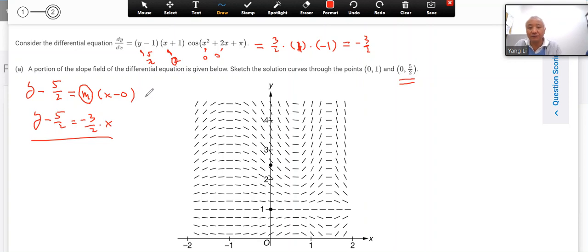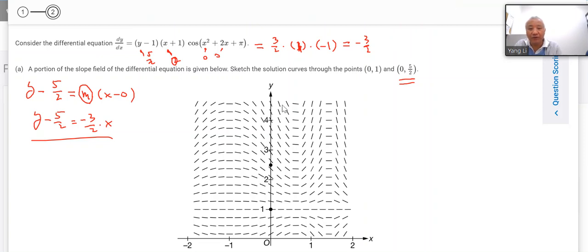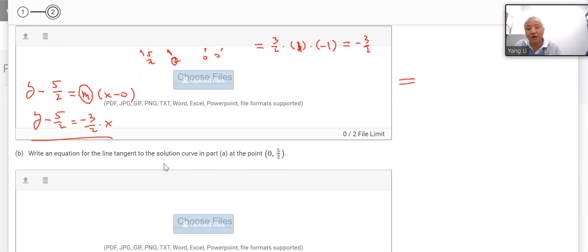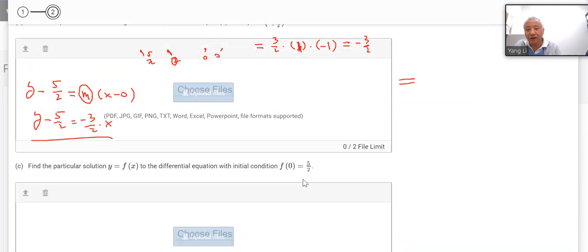So by this way, we find the equation of the tangent line passing through 0 and 5/2. Now, we're going to put more time into part C. When you do C, you need to find the particular solution y equals f(x) to the differential equation with the initial condition given, okay?